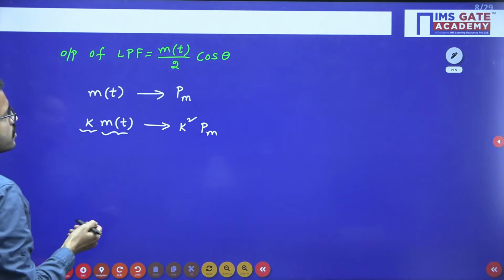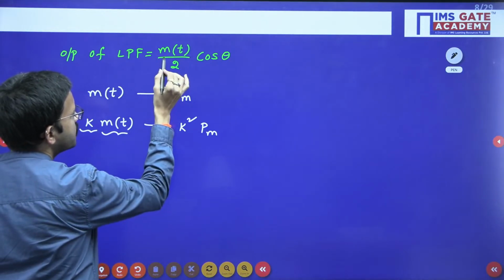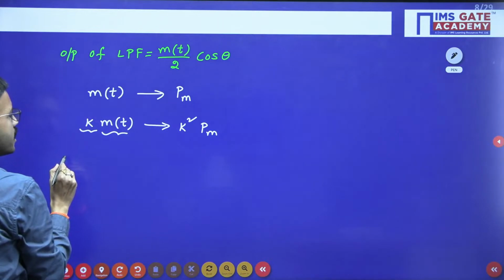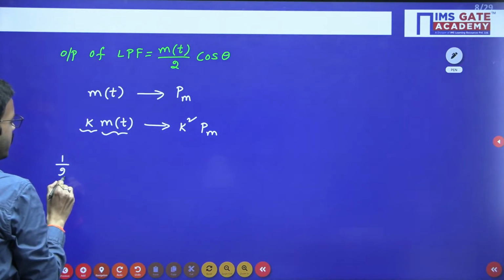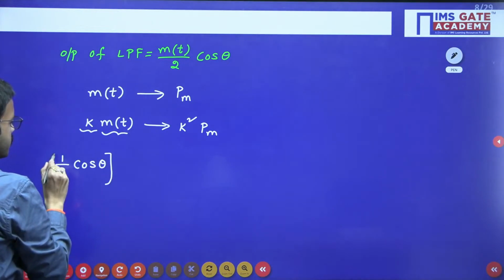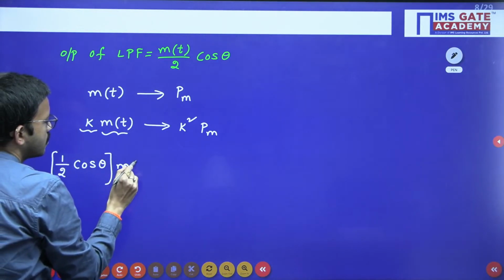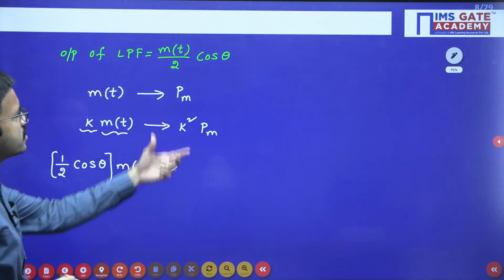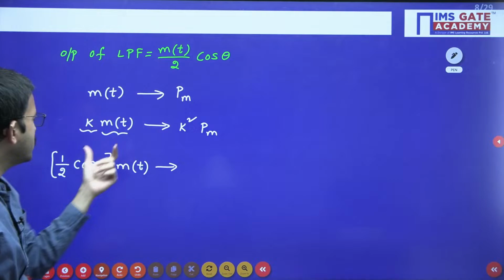Now if you carefully observe, here you are having m of t by 2 cos theta. For the time being I am writing like this: 1 by 2 into cos theta into m of t. Whatever the expression you got here, that one only I have arranged like this.